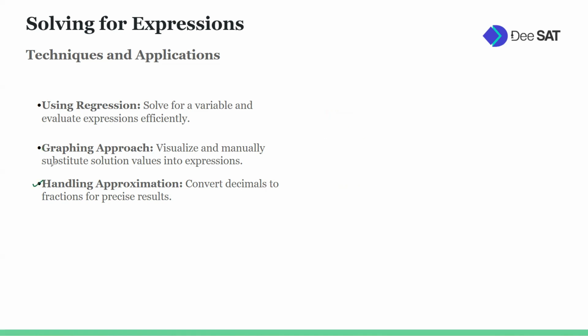The third is handling approximation. Desmos is also useful for converting decimals into fractions, which can be particularly handy when precise answers are required. For example, if a solution is x equivalent to 3.333, you can use Desmos to convert it into a fraction. The fraction value for this particular decimal is 10 by 3. Let's see on the Desmos.